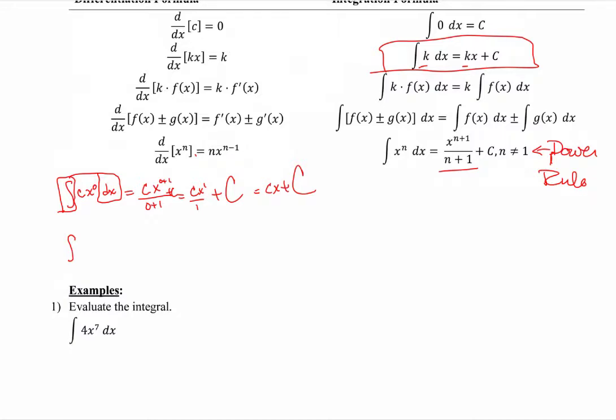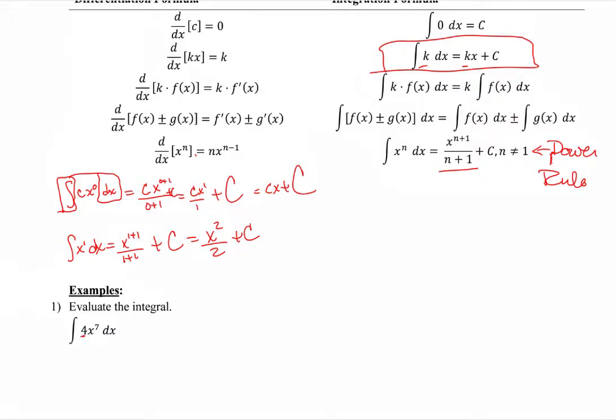So what happens if I integrate just x to the first dx? Well, then that is x to the 1 plus 1 over 1 plus 1 plus c, which is x squared over 2 plus c. Is everybody getting the idea?